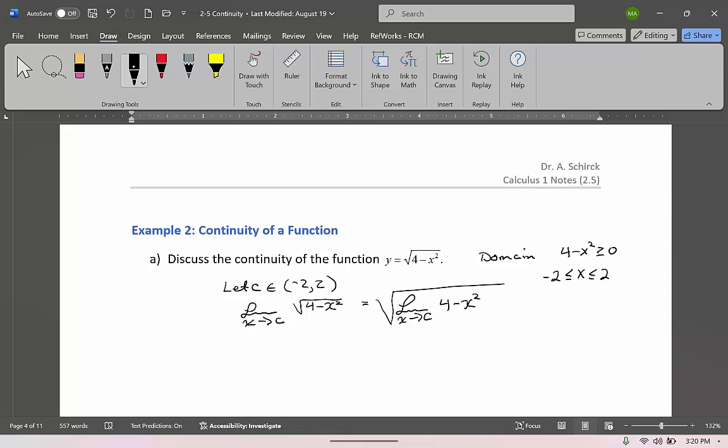And since this is a polynomial function, we know that this is actually equal to the function evaluated at c. So this is going to equal the square root of 4 minus c squared, which is equal to f of c.